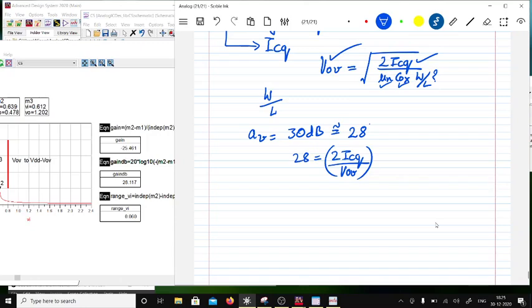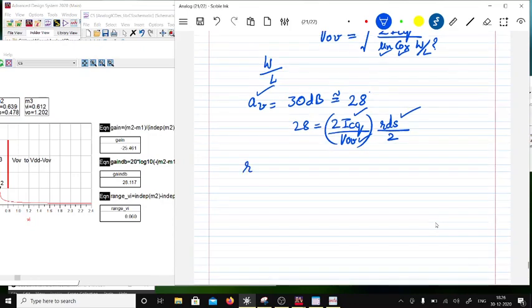Okay, so it will be RDS2 in parallel with RDS3, that will be RDS by 2. Okay, so RDS by 2. So from here you got the gain, ICQ, overdrive, so the only value is RDS.